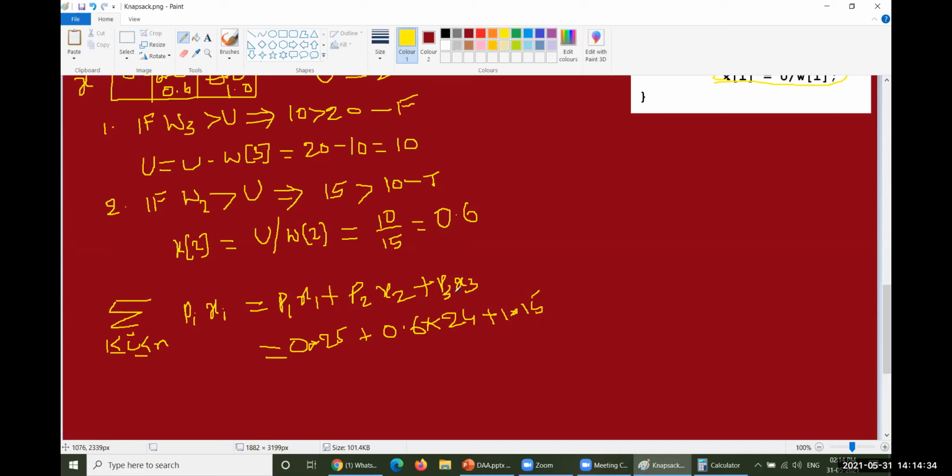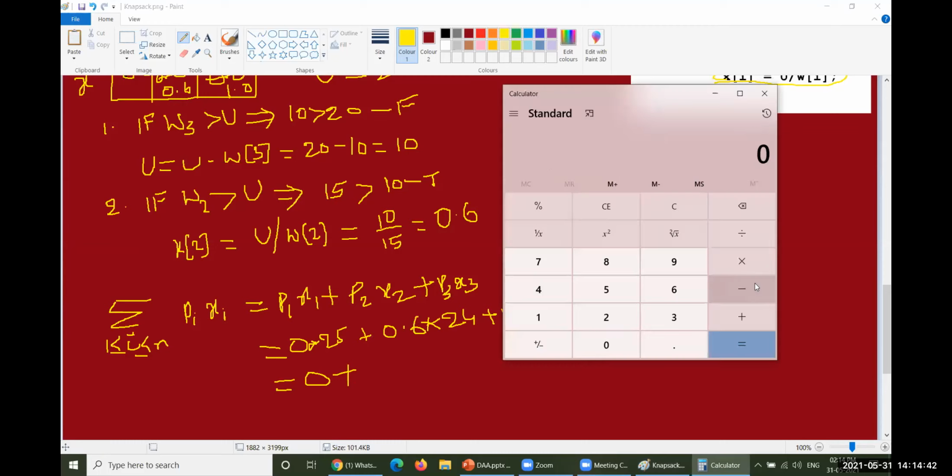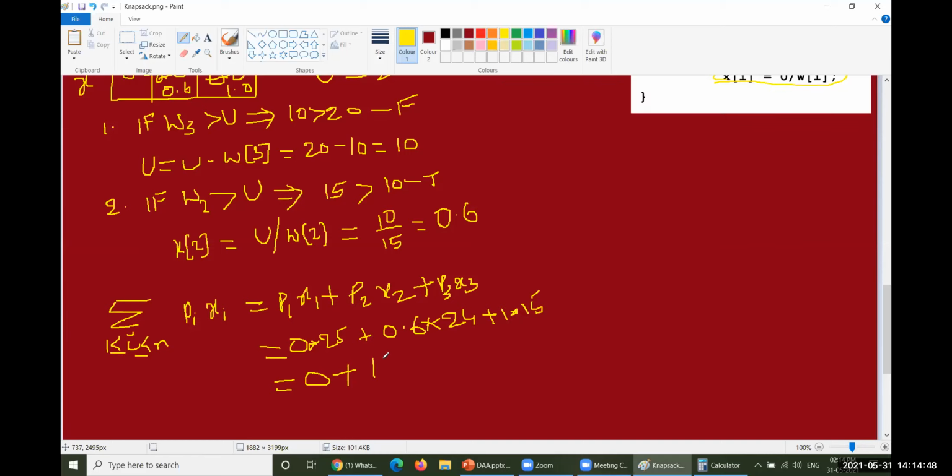If you calculate everything here, it could be 0 plus 25 into 0.6. 24 into 0.6 will be 14.4. So it is 14.4 plus 15. On accumulation, it gives you 29.4. This is the total profit you may get if you follow this.